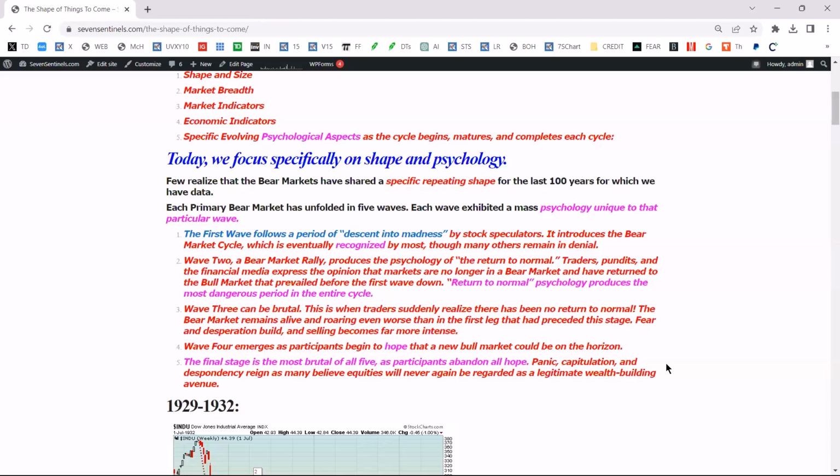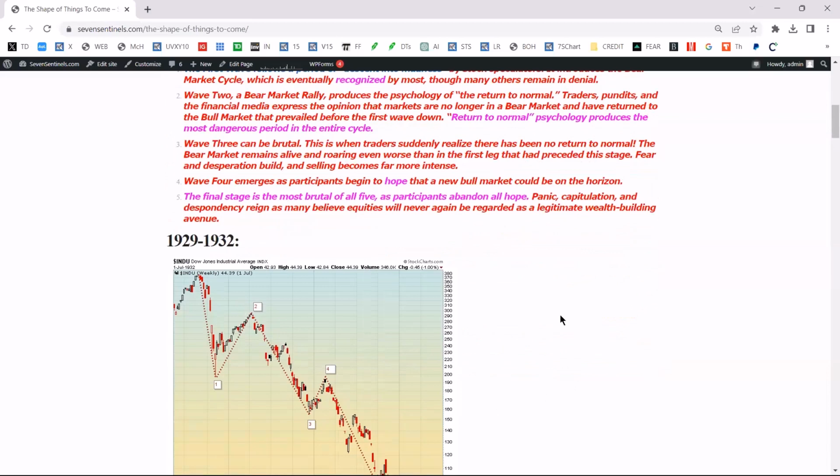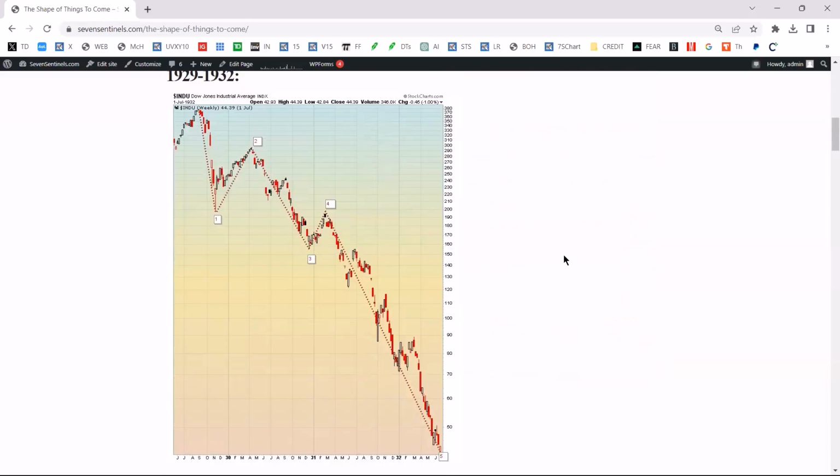Well, except for maybe wave 5. Wave 4 emerges as participants begin to hope that a new bull market is underway. And then finally, wave 5 is the give up stage: panic, capitulation, despondency, rain.